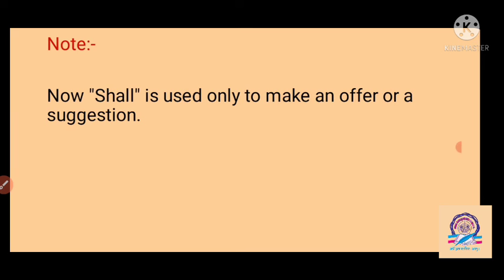With the subjects I and we, we have to use shall and the main form of the verb, and with you, they, he, she, it, plural noun or singular noun, at that time we have to use will and the main form of the verb, then object, then other words, and last we have to keep the full stop.